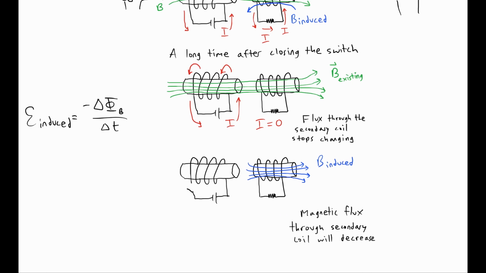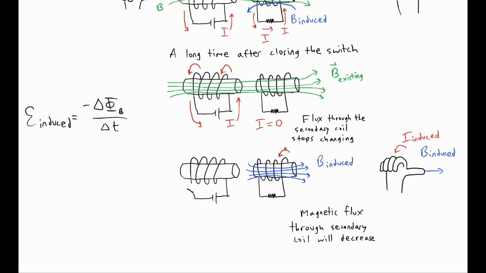We can do the right-hand rule on this situation. Point the thumb to the right. Thumb is the direction of the induced field. Fingers will be the direction of the induced current.